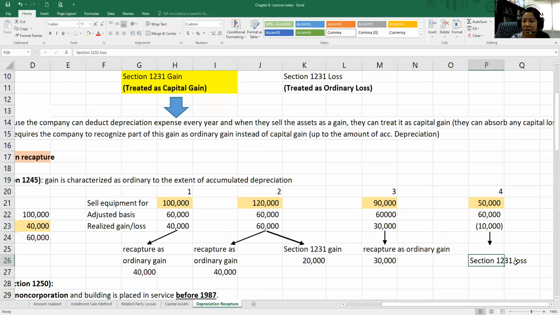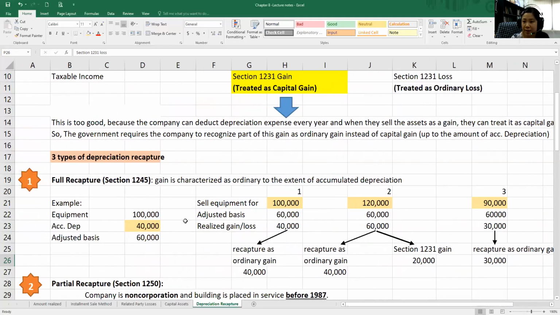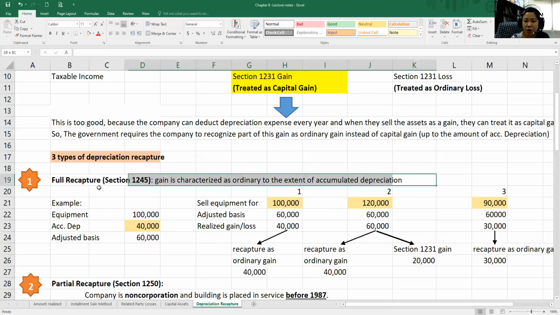It simply becomes a section 1231 loss, no depreciation recapture. All right, so that is called full recapture. Again, gain will be recognized as ordinary up to the amount of accumulated depreciation.